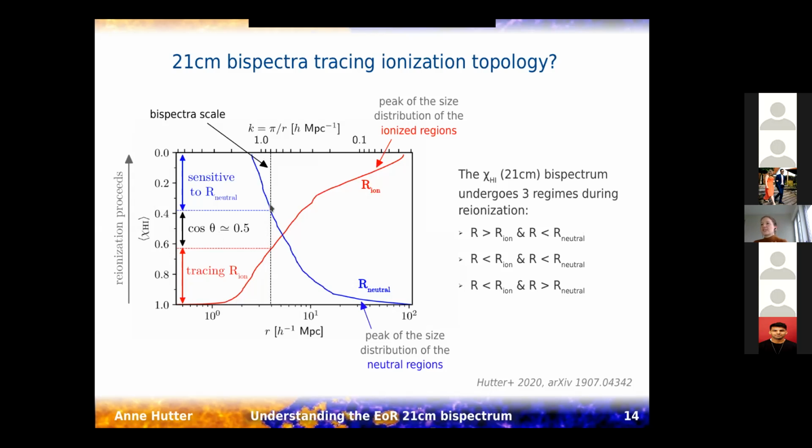And at some stage, the neutral regions will become small enough that they fit into your chosen triangle shape, and you will become sensitive to the neutral regions. So your sign change will shift towards more equilateral triangles.